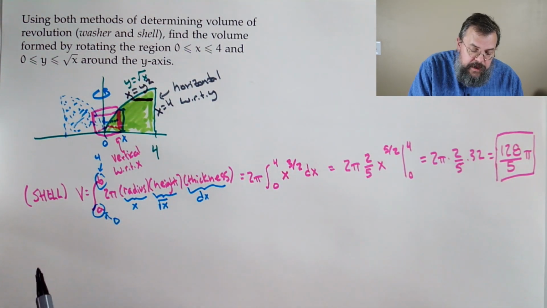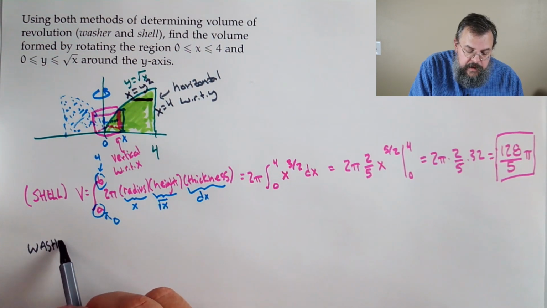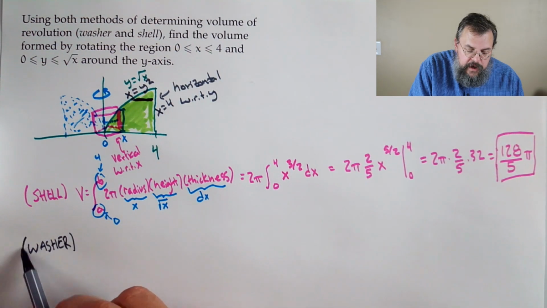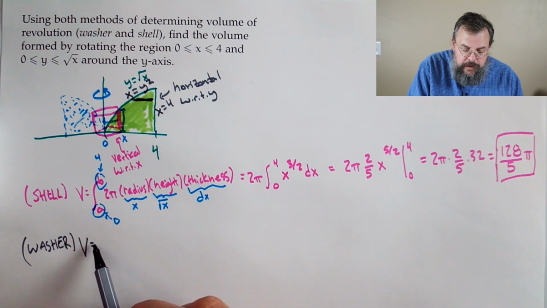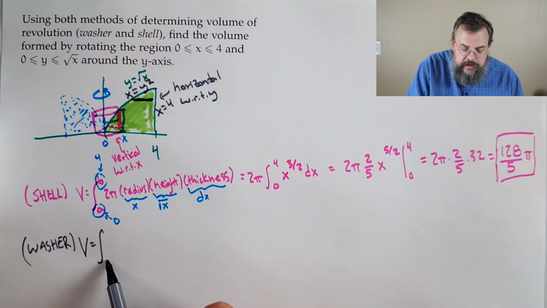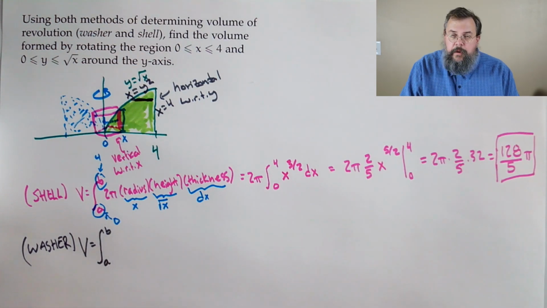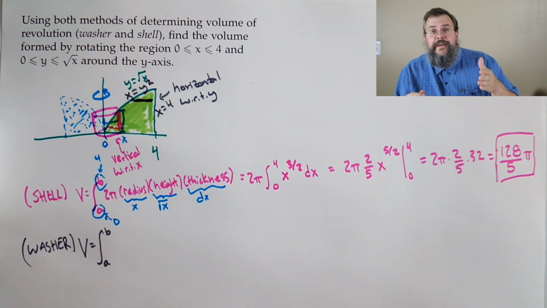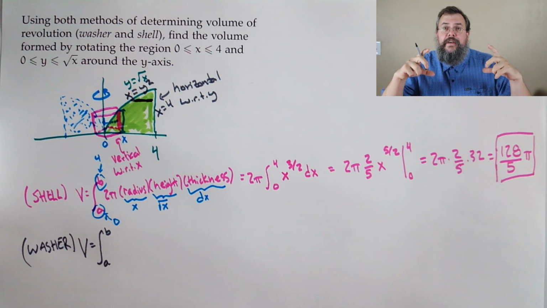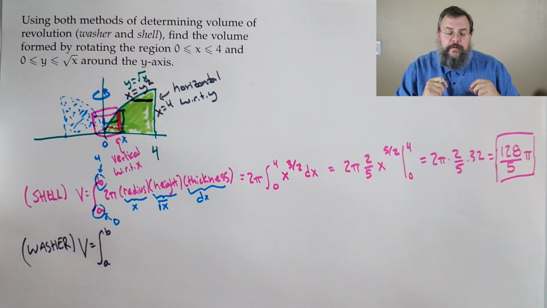Okay, so here we go, the washer method. All right, well, so how does the washer method work? We add up, start to finish, and the washer says we're taking a slice, and the slice looks like a big circle with a little circle punched out in the middle.